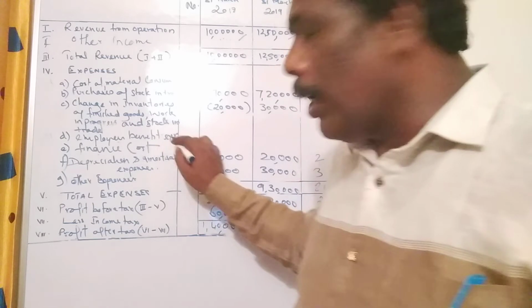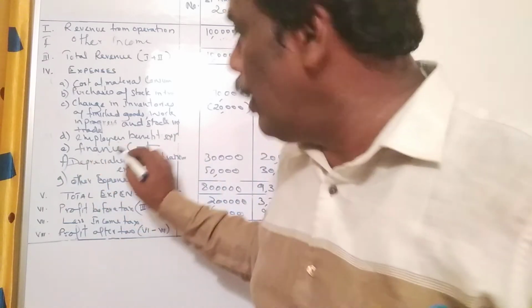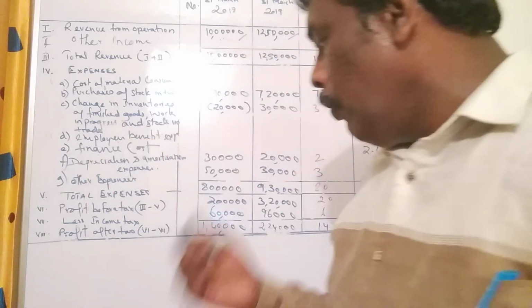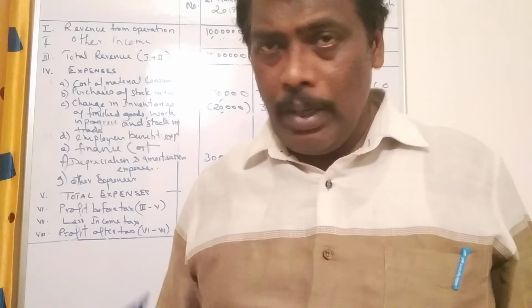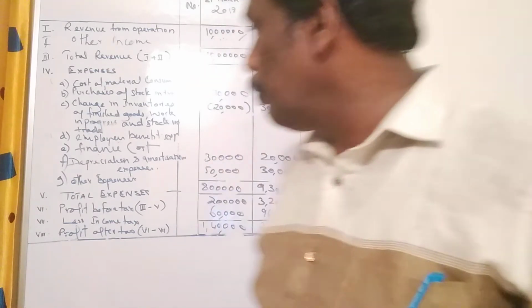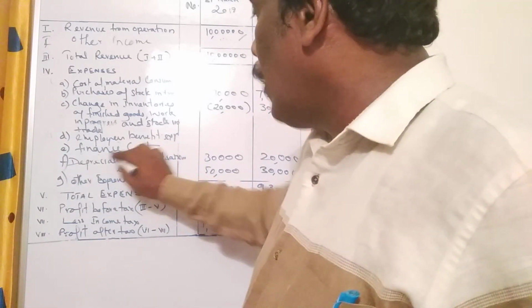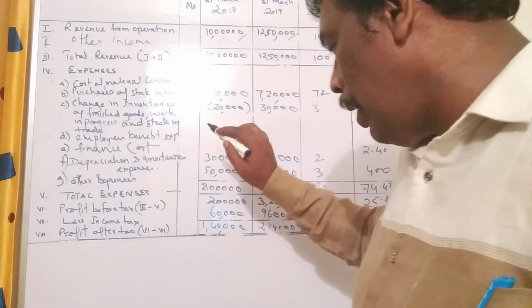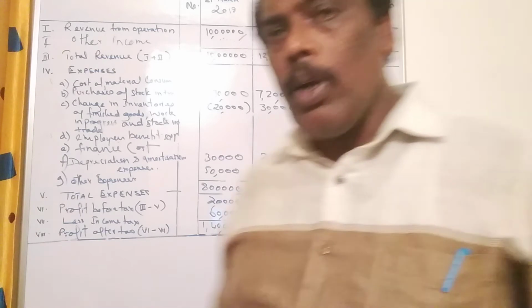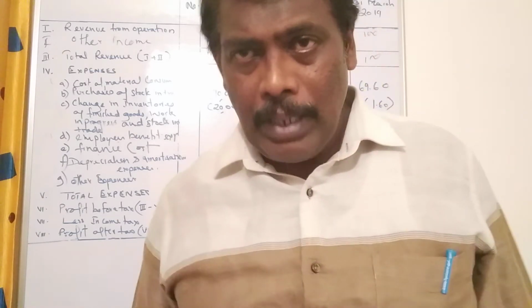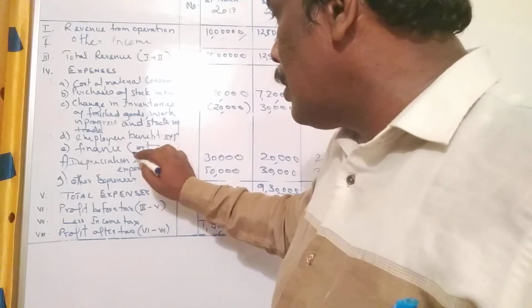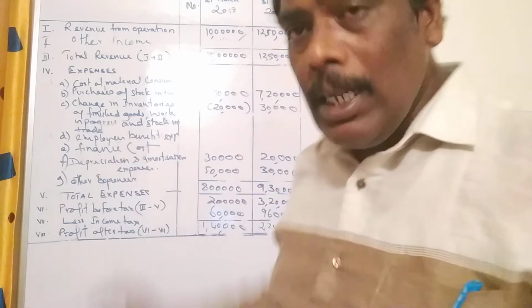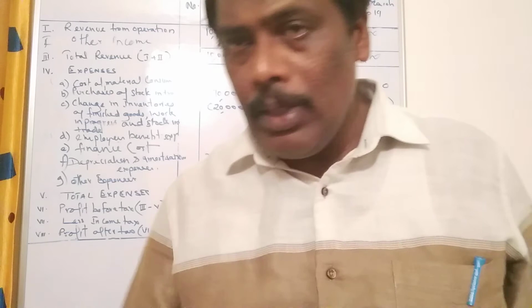Then employee benefit expenses such as wages, salaries, bonus, staff welfare fund, that has to be recorded if it is given in the practical. Then finance cost such as processing fee, interest paid, discount on issue of debentures, recorded under finance cost. Next, we have to record depreciation.